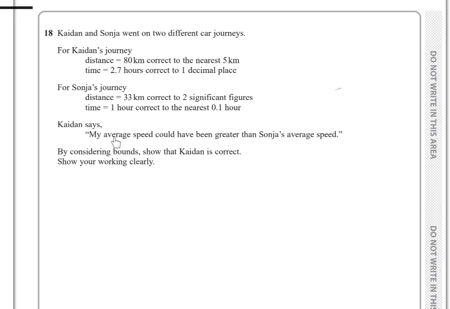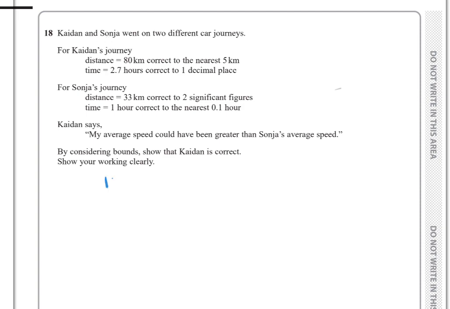Kaden says, my average speed could have been greater than Sonja's average speed. By considering bounds, show that Kaden is correct. Show your working clearly. To show that he is correct, find the maximum value for Kaden's average speed and the minimum value for Sonja's average speed.